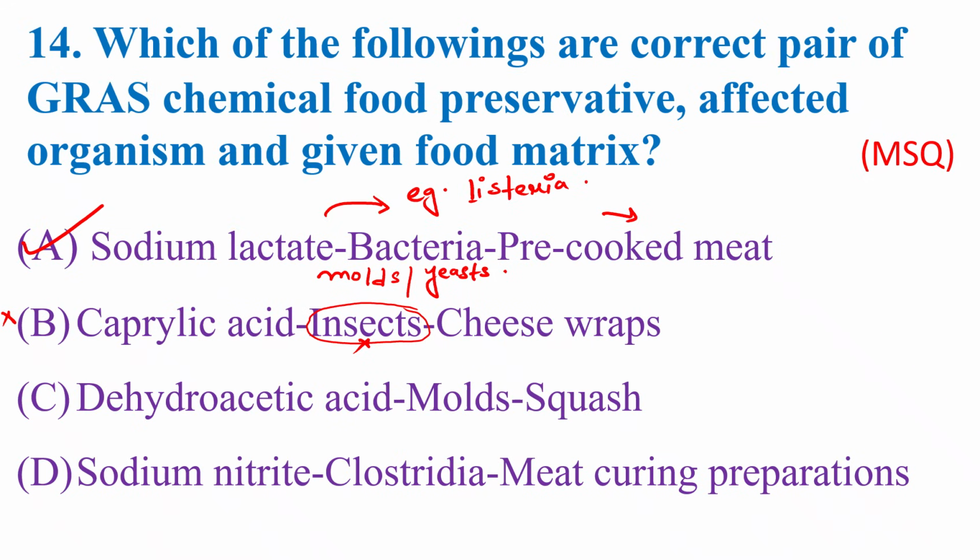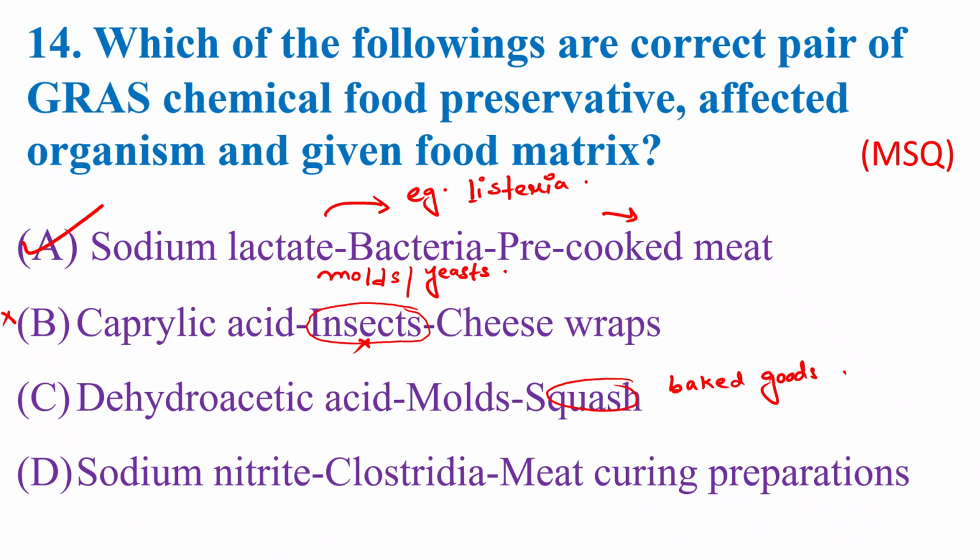Dehydroacetic acid is used against molds, but it is not used in squash; it is commonly used in baked goods, cheese and so on.